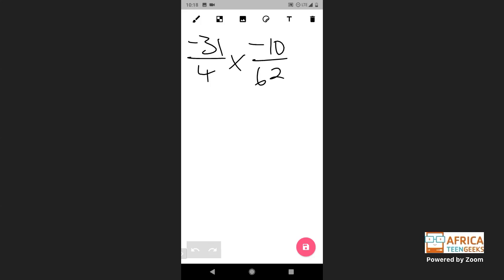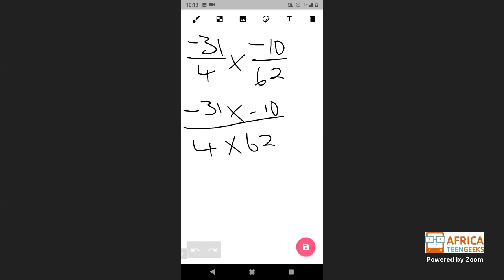We don't have 3 fractions. So it means that we are multiplying the traditional way, and then we will find our highest common factor. Right. So after finding our highest common factor, then we'll have our final answer. So let's do this then. We'll say -31 multiplied by -10, and then 4 multiplied by 62.